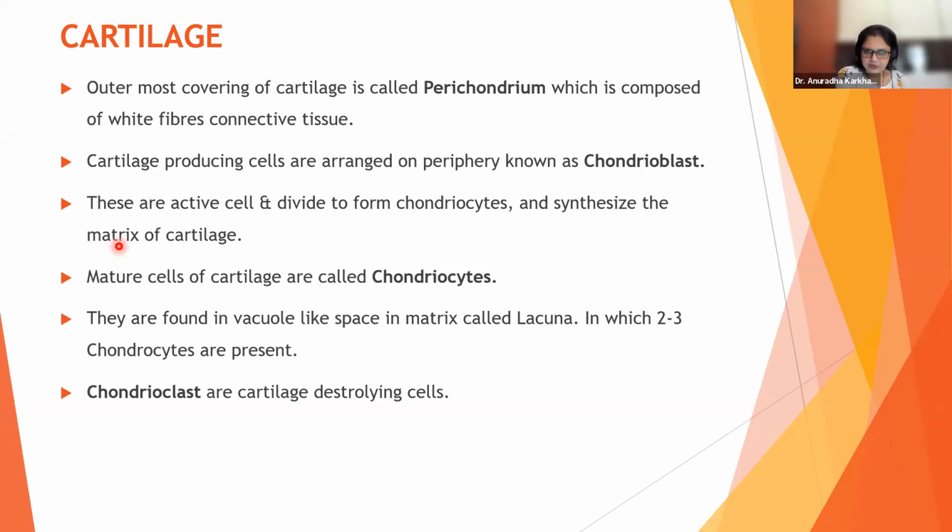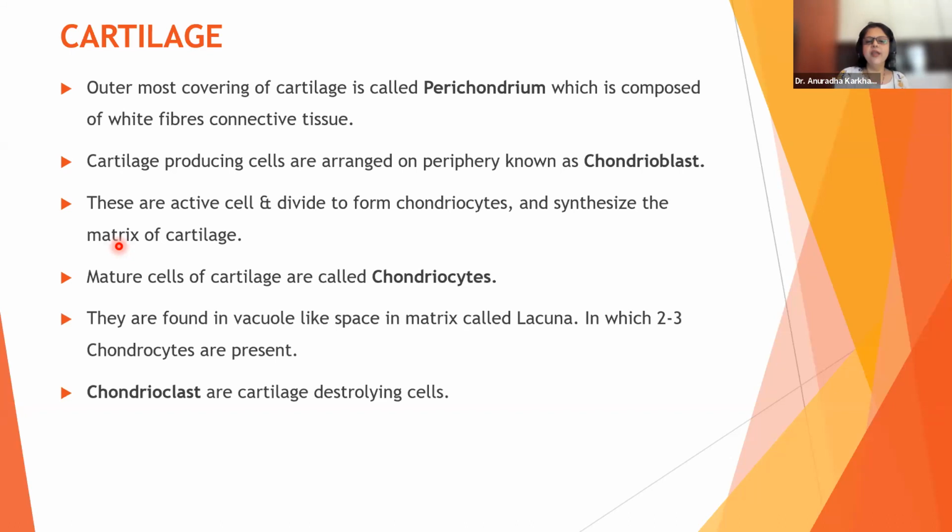Chondroblast are active cells. They divide to form chondrocytes. They also synthesize the matrix of the cartilage. So chondroblast will synthesize chondrocytes as well as matrix of the cartilage. Mature cells of cartilage are called as chondrocytes.